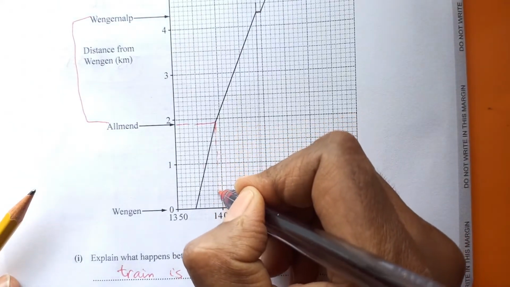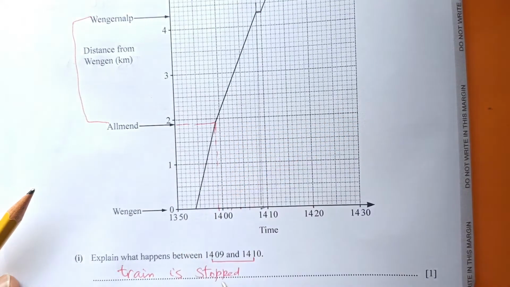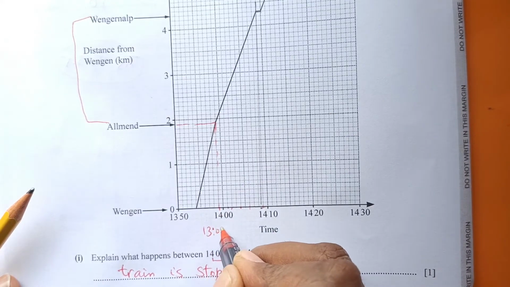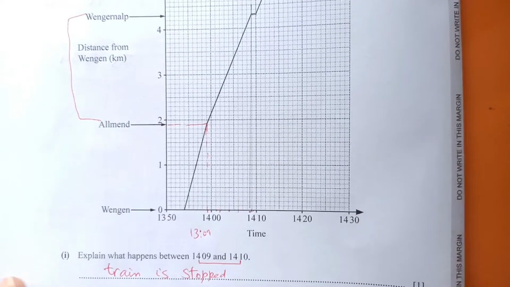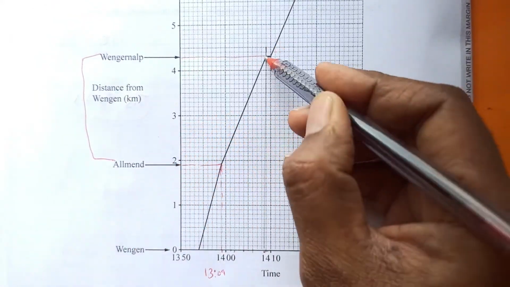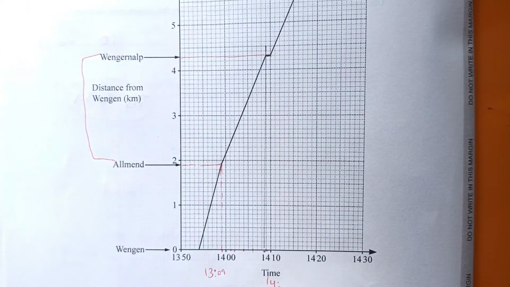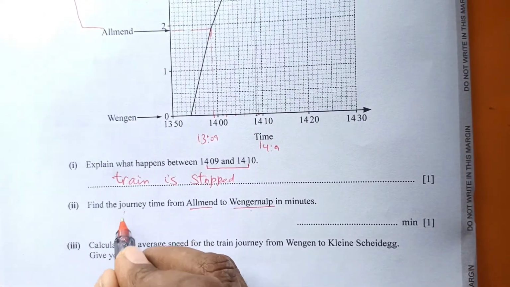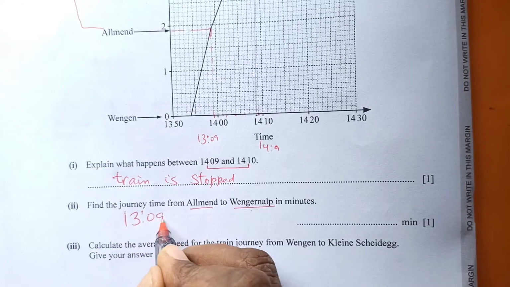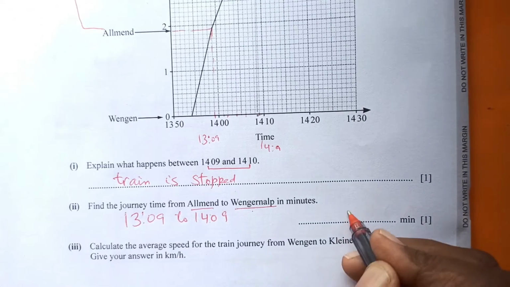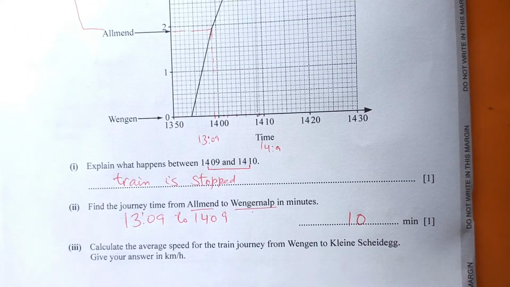So coming down, this time is 1309, and then for the other station, we will go from here. This one was already there, it was 1409. So the journey time is from 1309 to 1409. So this is 10 minutes, right? So total time will be 10 minutes.